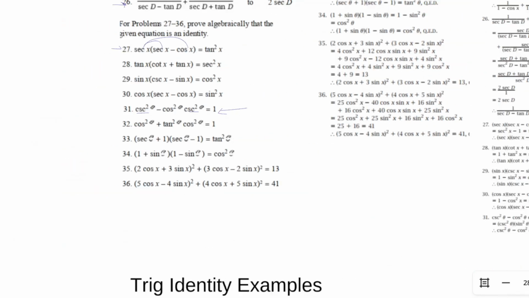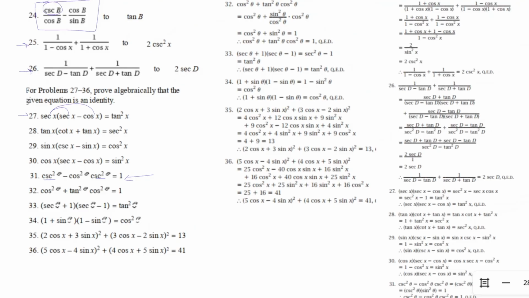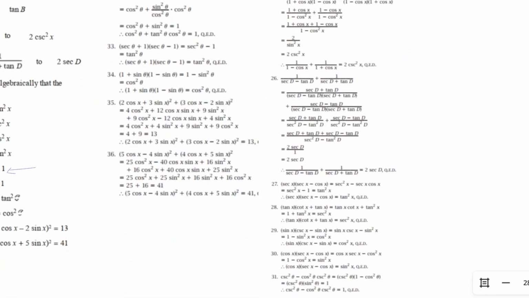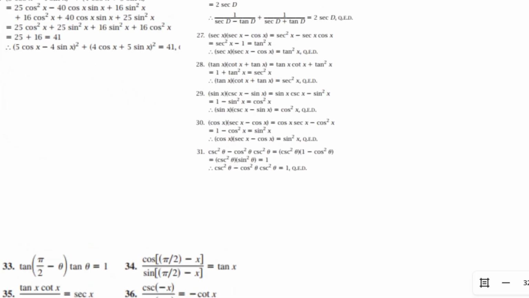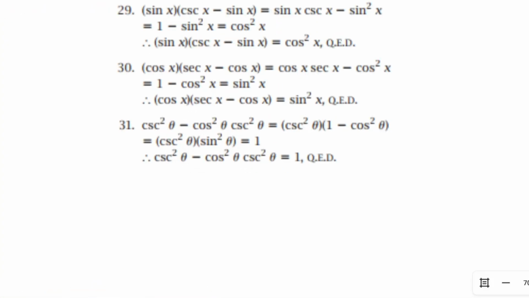All right. And as usual, the answers are all here, so you can kind of check out how they did it. Number 31. So they factored it, Pythagorean, and then switched, and let's just cancel to 1.